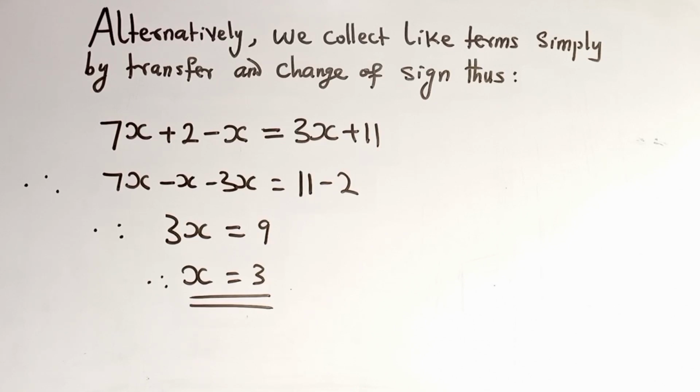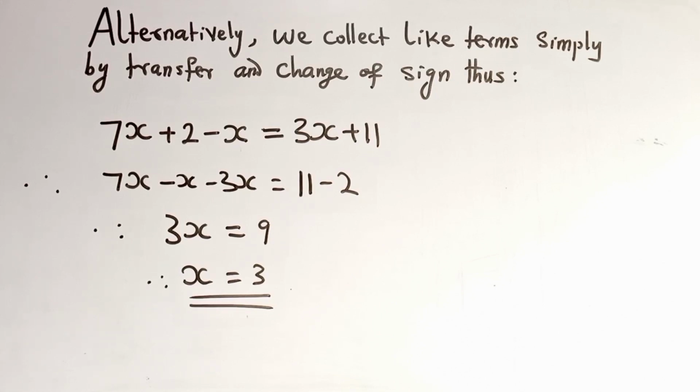How? We just meet an equation and start transferring all the like terms to one side. All we do is change their sign if they are crossing the sign of equality, and let them maintain their sign if they are not crossing the sign of equality.